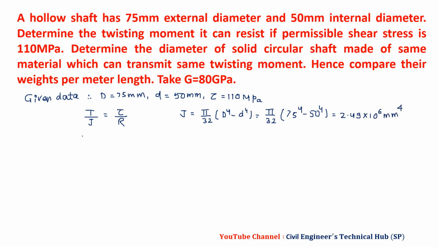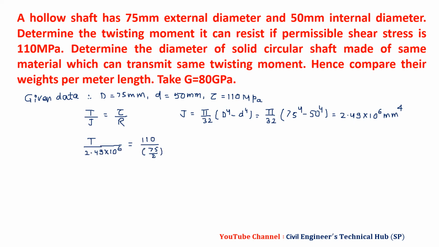And now we can have T. Already we know T by J, so we have T upon J, 2.49 into 10 raised to 6, equal to 110 upon R. So the maximum radius is external diameter 75 by 2.